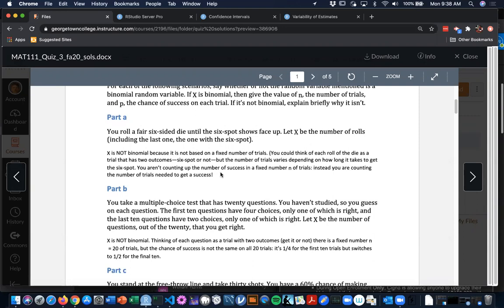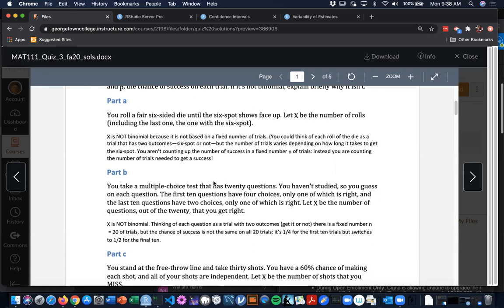So you can take an event that has lots of ways to turn up, and you can construe it as having two outcomes by picking one of them as the success and everything else as the failure. That shows up later on in the test where there is a binomial random variable, where we think in that very same way. So to get full credit, you've got to say it's not binomial, but you also have to give the right reason.